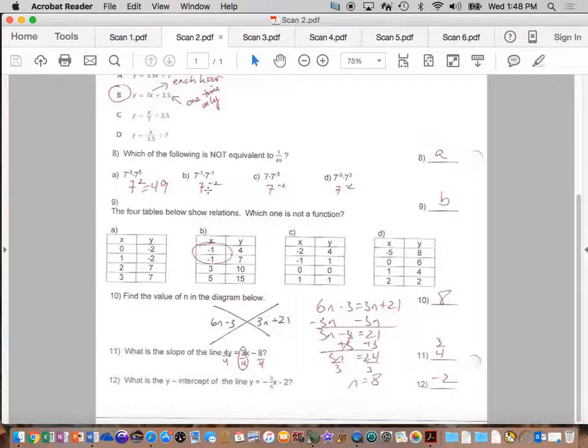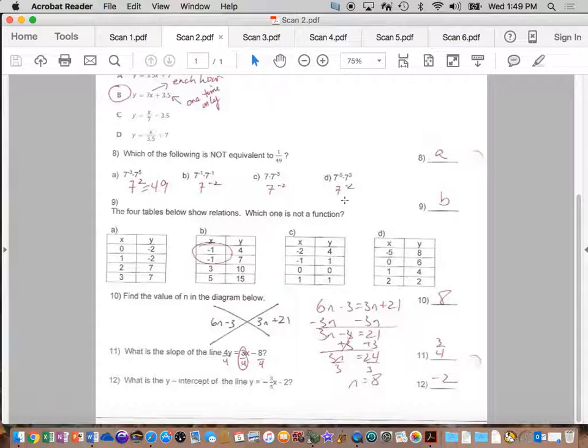The next one is 7 to the negative 2, the next one is 7 to the negative 2, and the next one is 7 to the negative 2. Because negative 5 plus 3 is negative 2, 1 and negative 3 is negative 2, negative 1 and negative 1 is negative 2. So when this is the only one different from the other three, doesn't it have to be the answer? So you don't even really need to know what 7 to the negative 2 is.